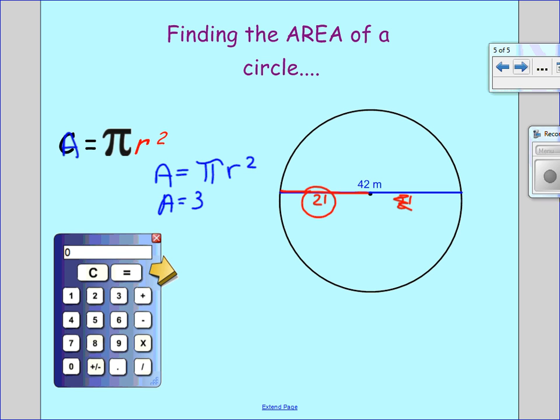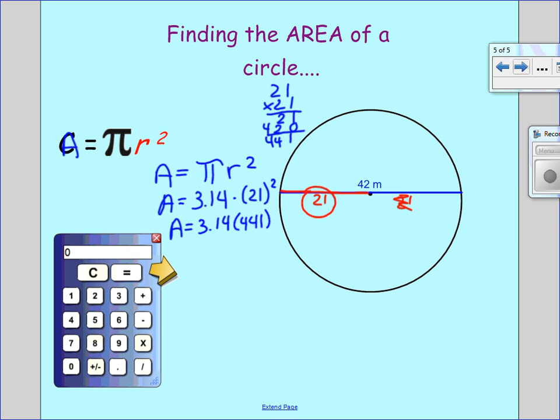Area equals 3.14, or you could use the fraction 22 over 7, times our radius, which is 21 squared. Area equals 3.14 times 21 times 21, not 21 times 2. 21 times 21 is 441.